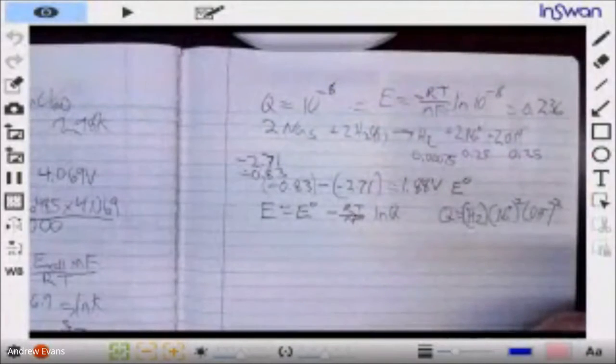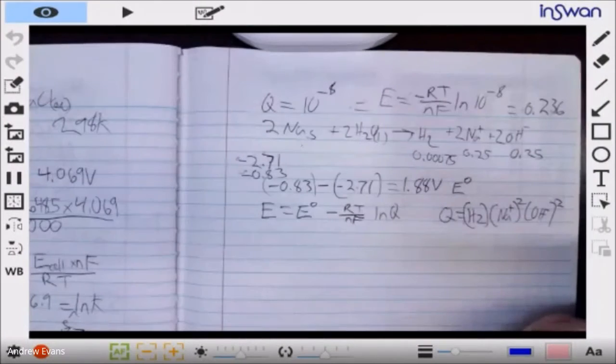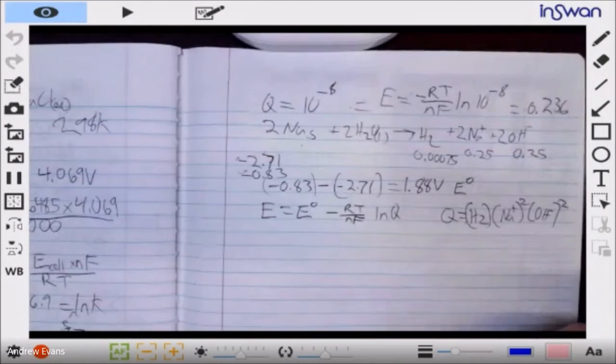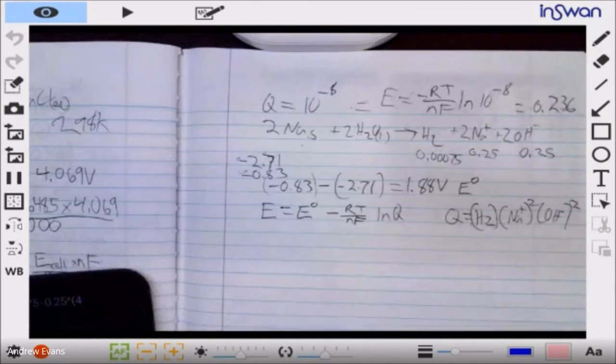These types of problems you want to work out systematically because there are so many moving parts. You can very easily screw things up. I would suggest you solve Q first, then write Q down, and then use Q later.